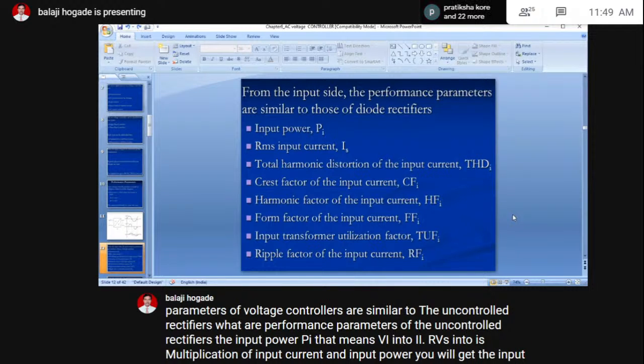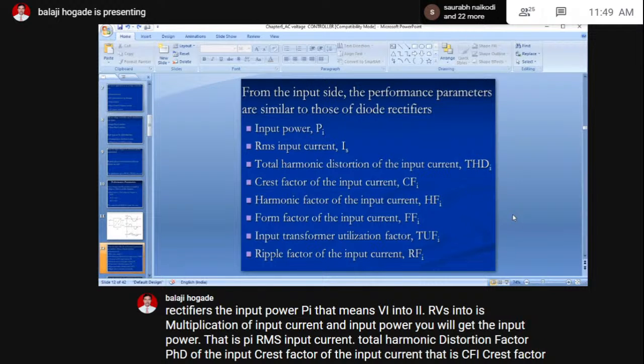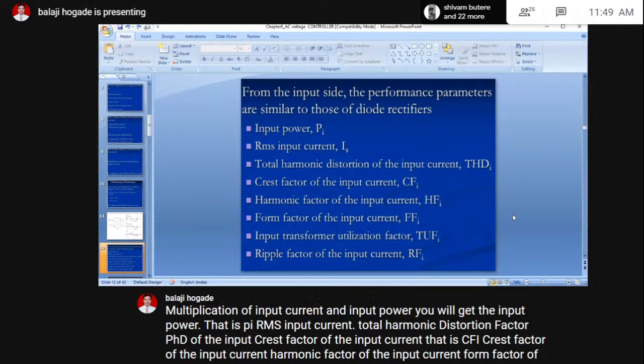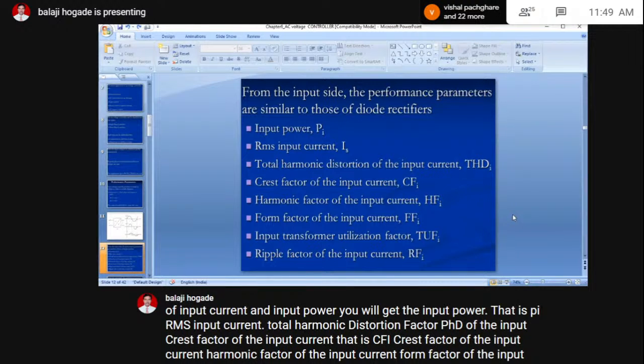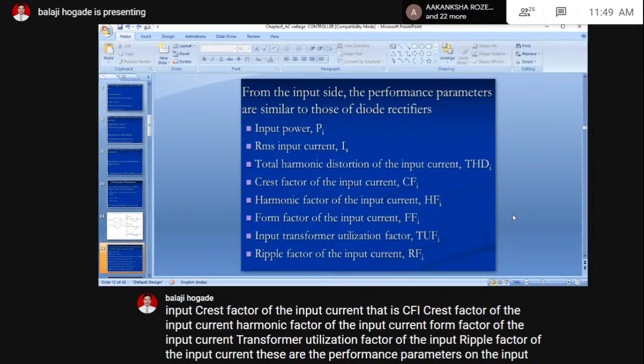RMS input current, total harmonic distortion factor THD of the input, crest factor of the input current, that is CFI, harmonic factor of the input current, form factor of the input current, transformer utilization factor of the input, ripple factor of the input current. So these are the performance parameters on the input side of the AC voltage controllers.